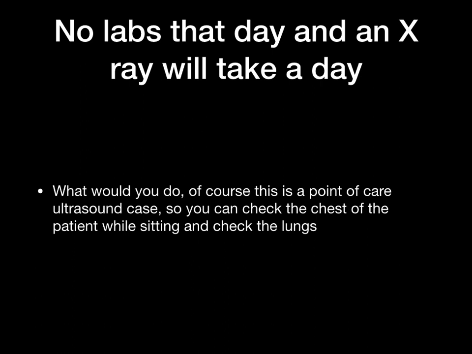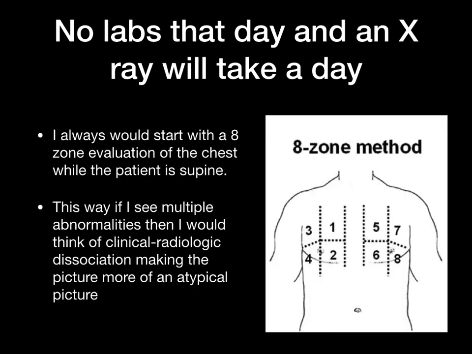And of course, this is a point-of-care ultrasound case, so we can check the lungs of the patient while sitting. I always like to start with an 8-zone evaluation of the chest while the patient is supine, and I'm going to explain why. If I see multiple abnormalities, then I would think of a clinical radiologic dissociation, making the picture more of an atypical picture.